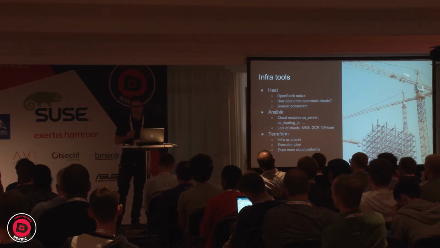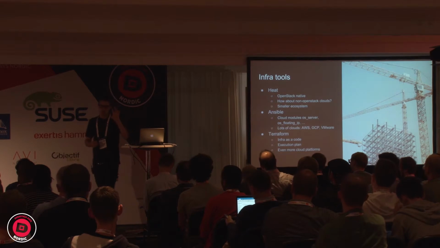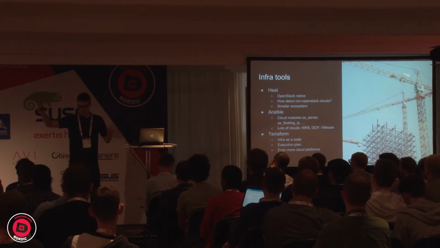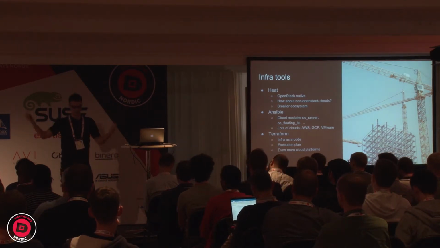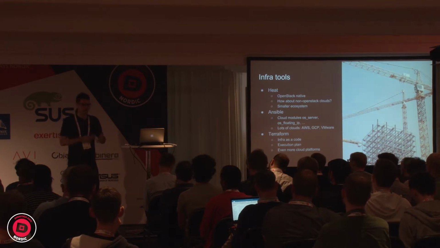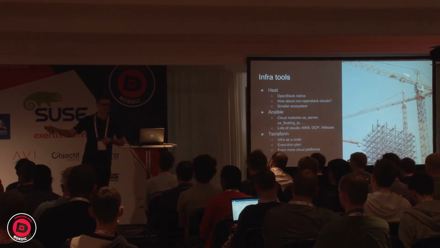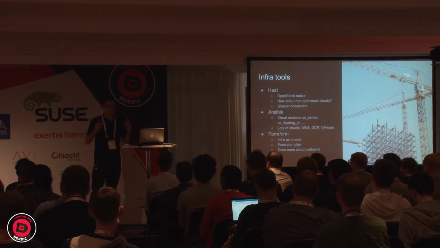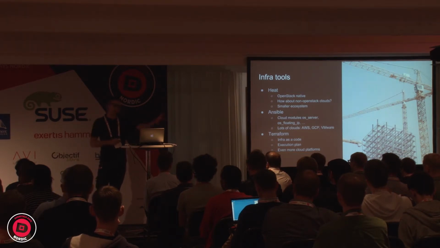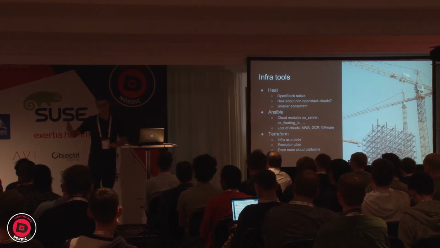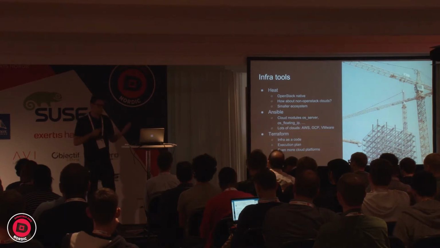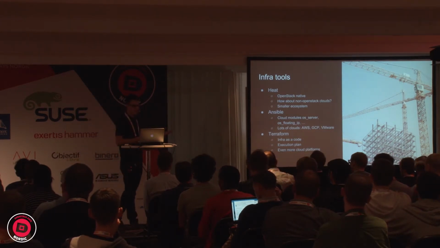The thing to think about is if you're planning to do OpenStack and say Amazon as a multi-cloud environment, then you will not be able to use Heat in Amazon, right? So there you will need to use two different tools, one for your OpenStack-based clouds and one for your non-OpenStack clouds.